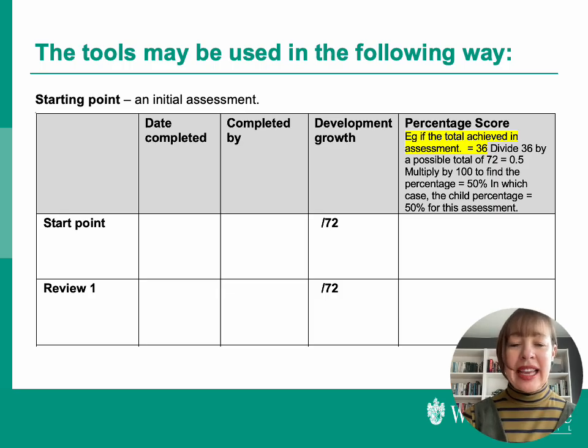We have actually suggested that you use the last box to just work out your percentage score for the children. We've done that. It's different to what's on the website, in fact, but we've done that because we're using the percentage score in lots of the other things that I'm going to talk about shortly.